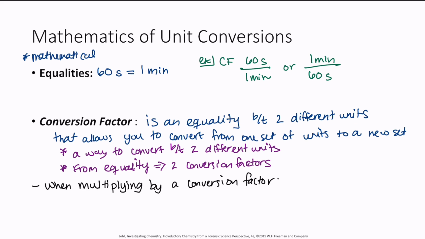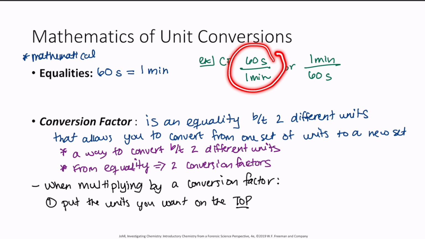When multiplying by a conversion factor, you want to do two things. The first thing is you want to put the units you want on the top. So if I'm trying to solve for seconds, I would write my conversion factor as 60 seconds over 1 minute.